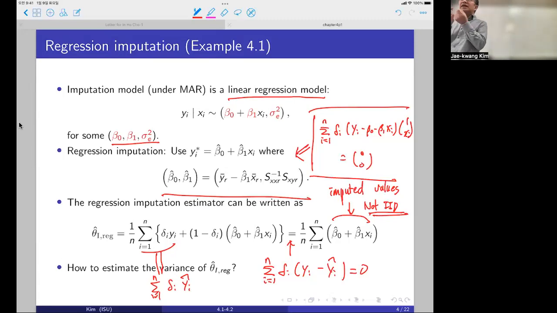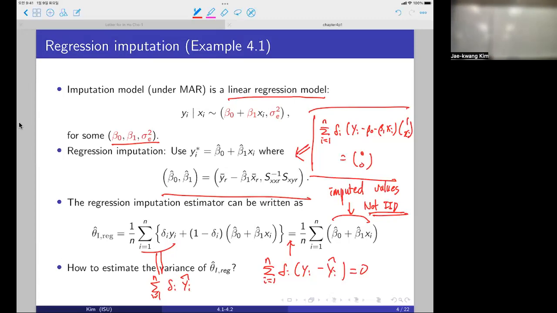The original data is IID, so you can apply the central limit theorem and construct a confidence interval. But this one is not IID. So you cannot just treat it as IID values and compute the confidence interval.